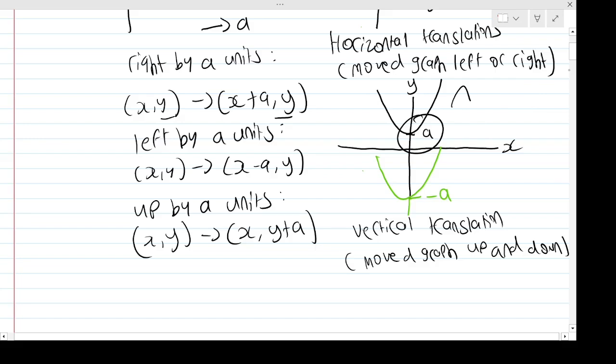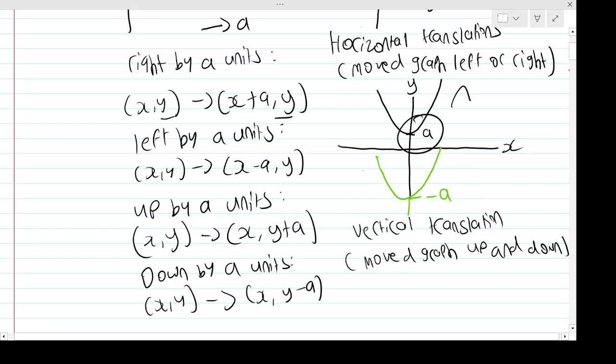And vice versa, if we're going down by a units, that's going downwards, that's the negative y-axis, so we're going to be subtracting a instead. So any point (x, y) would go to (x, y minus a), so the y values go down and the graph goes down. So that's generally what we're doing.